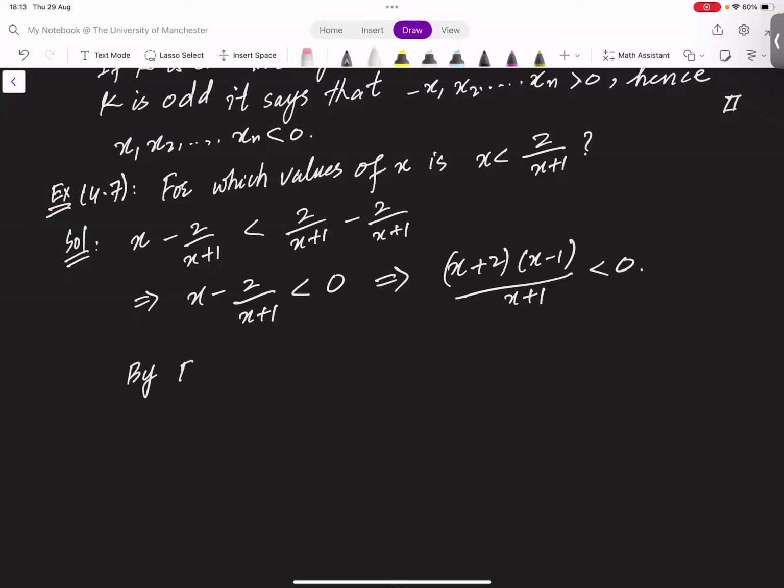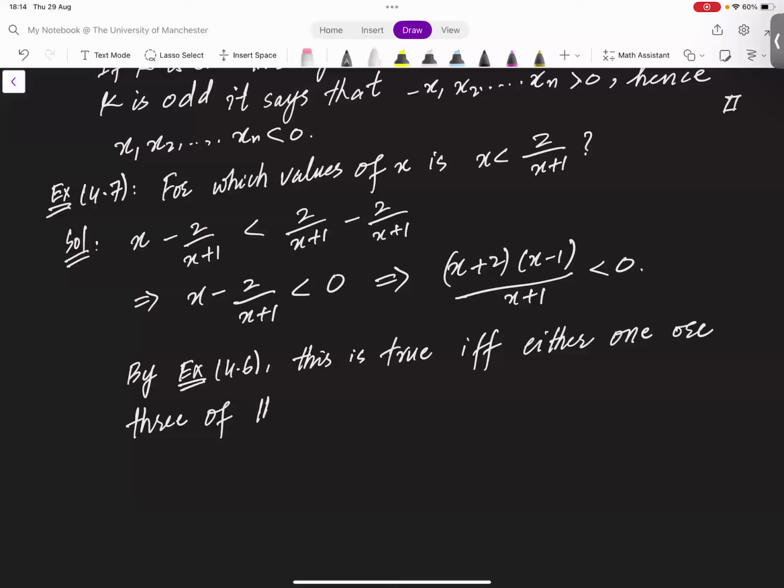Now, by example 4.6, this is true if and only if either one or three of the quantities x plus 2, x minus 1, and x plus 1 is negative, because they are less than 0.